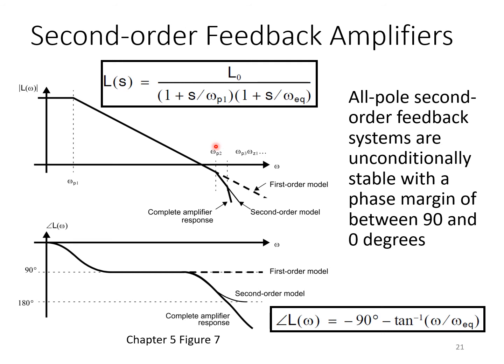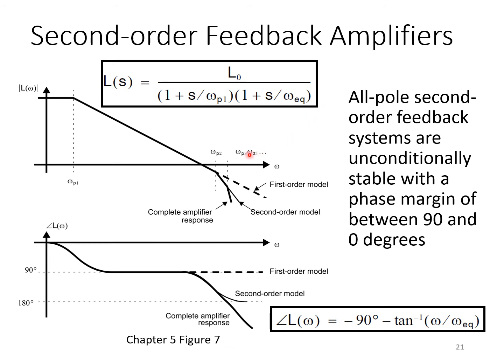So therefore, even if a first order model is not applicable, we will apply in many cases with great effect a second order model that captures the low frequency pole with omega p1 and captures the impact of all these second, third, and higher order poles and even zeros with a single equivalent second pole that we will call omega EQ.